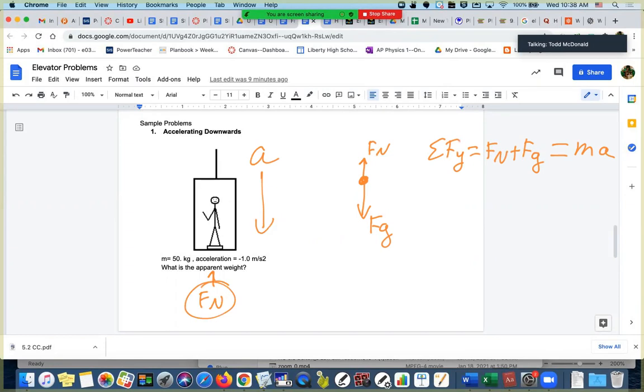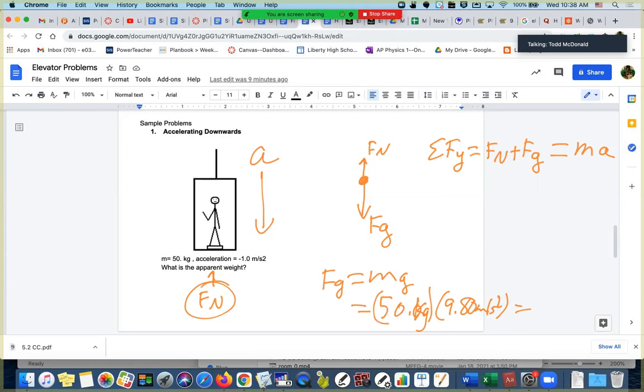In order to be able to plug things in over here to the side, I'm going to go ahead and calculate the weight of the person. Since I know their mass is 50 kilograms, I'm going to multiply by the 9.8 meters per second squared, and I get a number. Punch this into a calculator. 50 times 9.8.